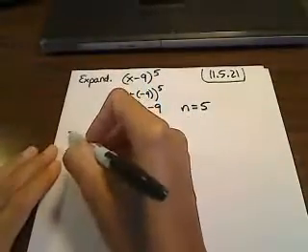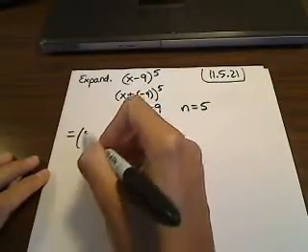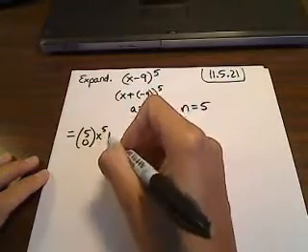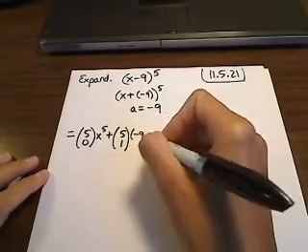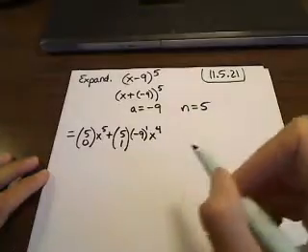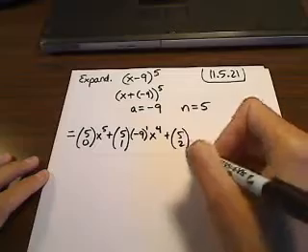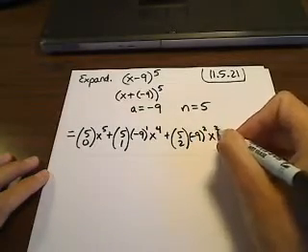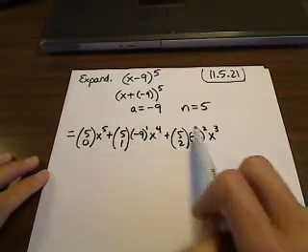So this is going to expand into 5 things taken 0 at a time times x^5, and then plus 5 things taken 1 at a time, and we have (-9)^1, and the x descends by a power. This same pattern holds on all of these. Then we have 5 things taken 2 at a time, (-9)^2, and then x^3. Notice that x is diminishing by 1 every time, and the -9 is going up by 1.